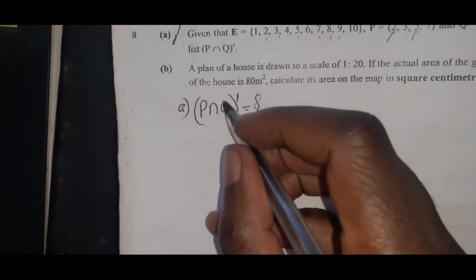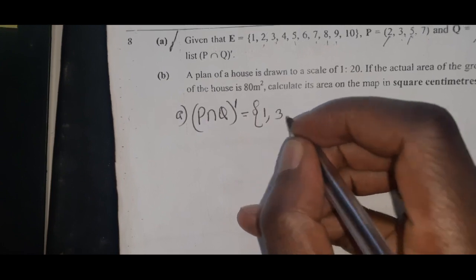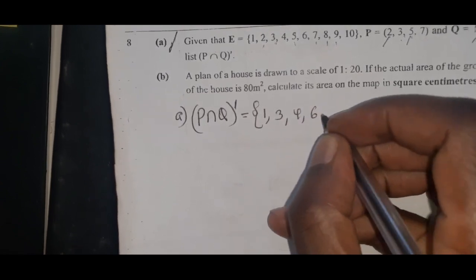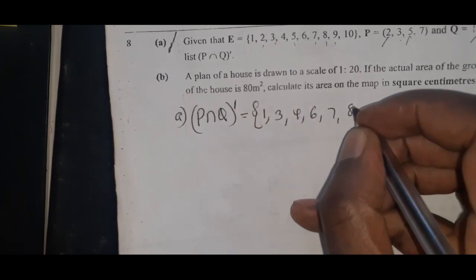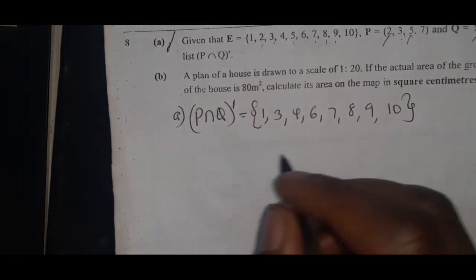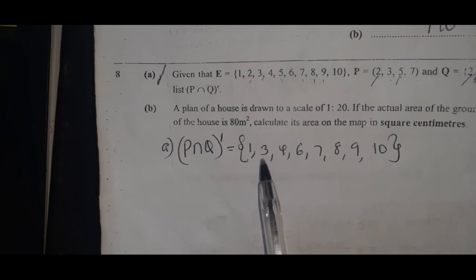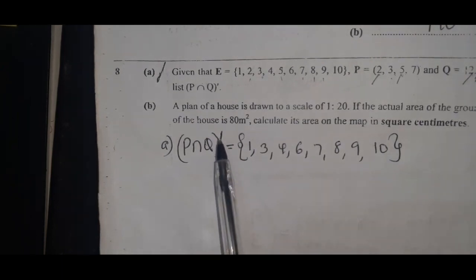We do not want the intersection of these two. So we're looking at 1, 3, 4, 6, 7, 8, 9, and 10. This is what is going to be our answer. And these are the elements that we need to list down here. Okay. Then we go to the next question.